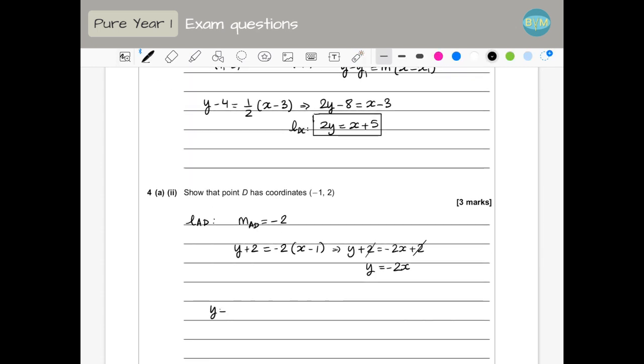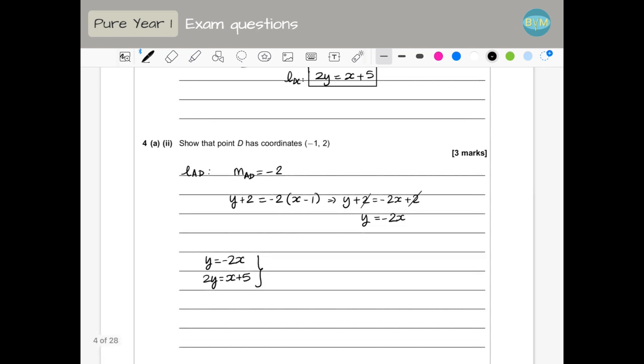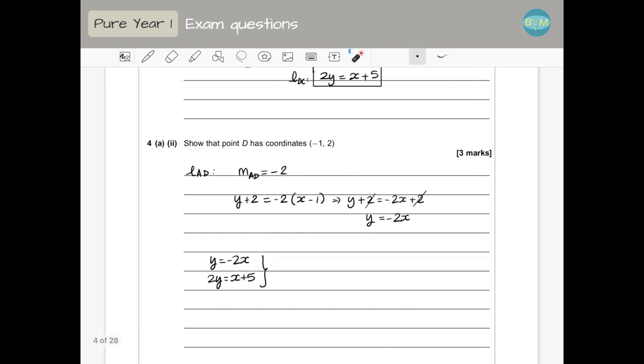So we do the intersection between those two lines: y equals minus 2x, and 2y equals x plus 5. Remember, every time we find an intersection, we just solve simultaneous equations. I can substitute this y here, and I have 2 times minus 2x is x plus 5, which means minus 4x is x plus 5, which means 5x is minus 5.